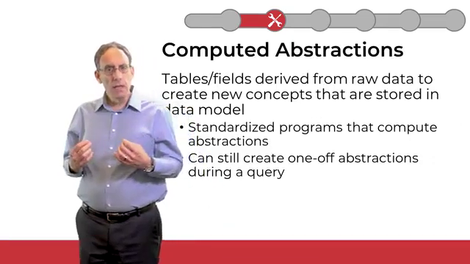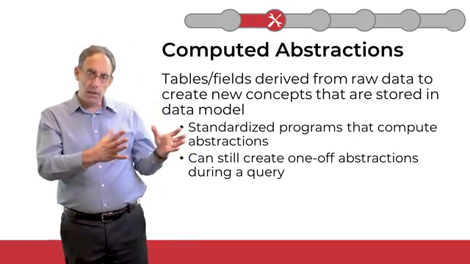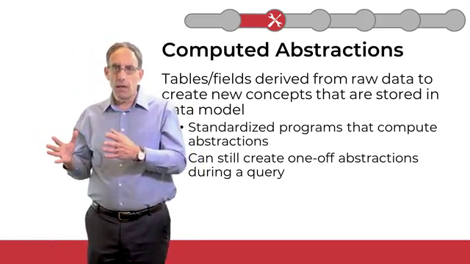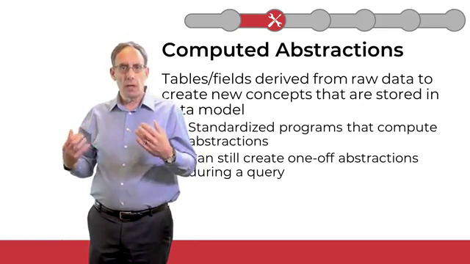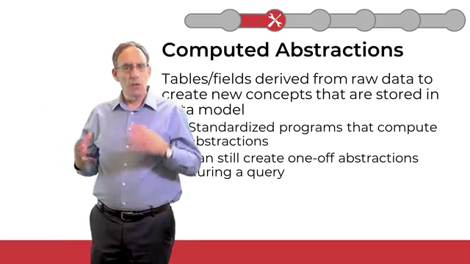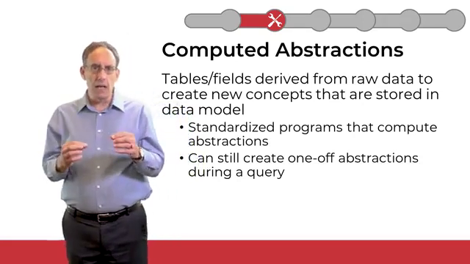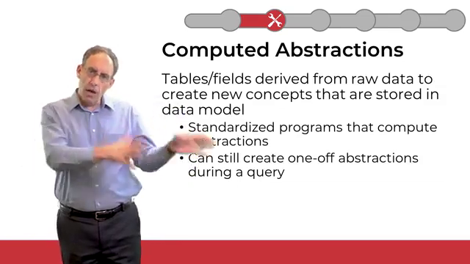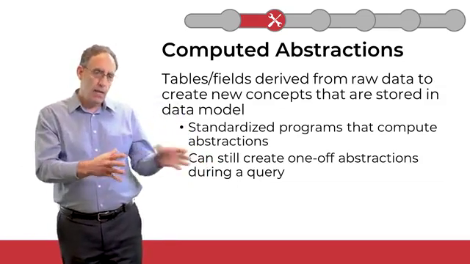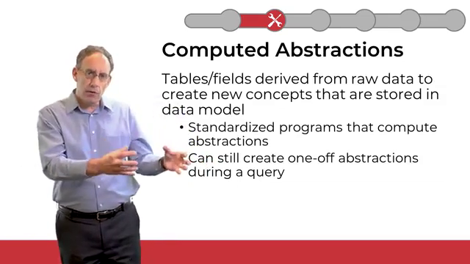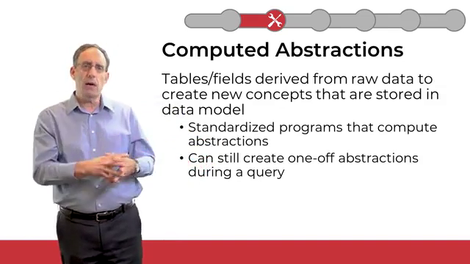There is another key difference in how MIMIC and OMOP handle computed abstractions. Computed abstractions are data elements that are derived from other data elements in the database based on some standardized program that is defined by the data model.